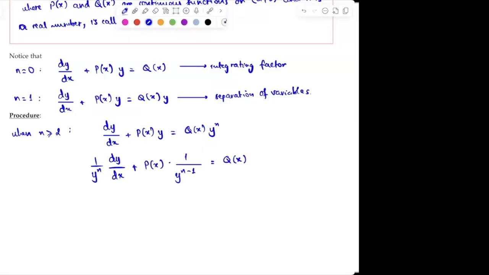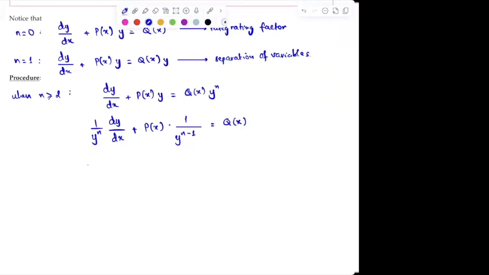Now, the next step is to use the law of exponents. You need to know that. So y to the power n is in the denominator. There is a phrase that says when you cross the line, you change the sign. When you bring y to the power n up to the numerator, you change the sign of the power.